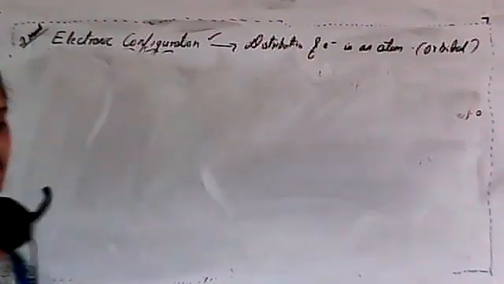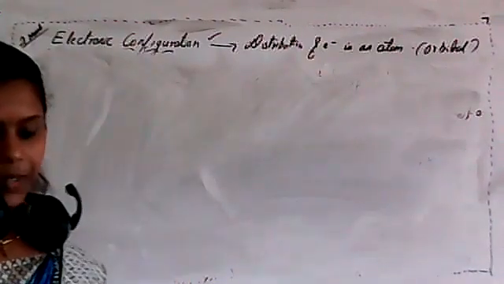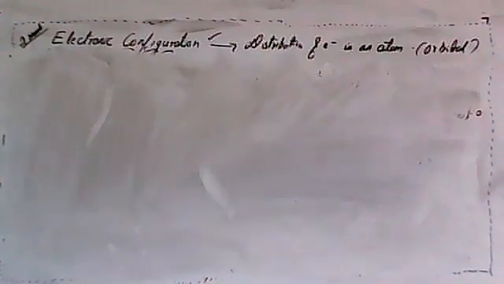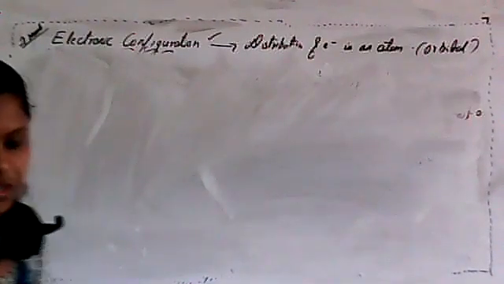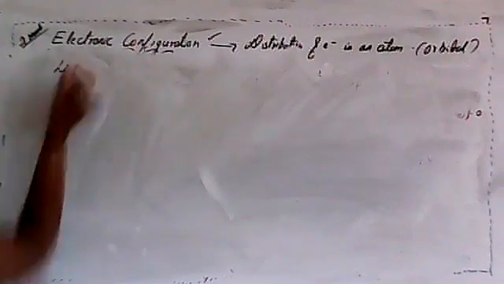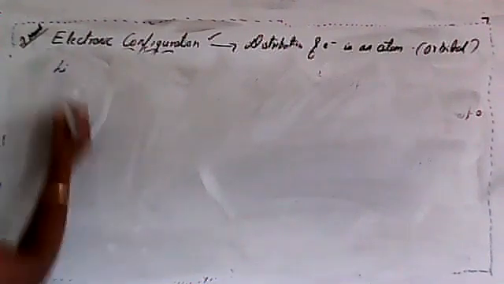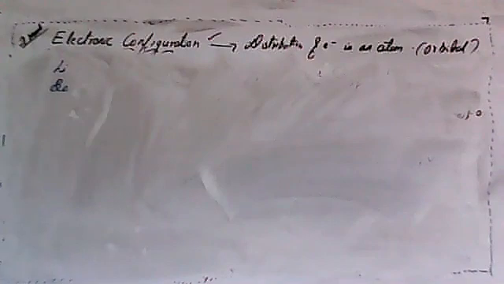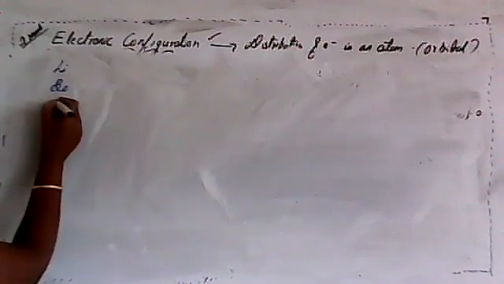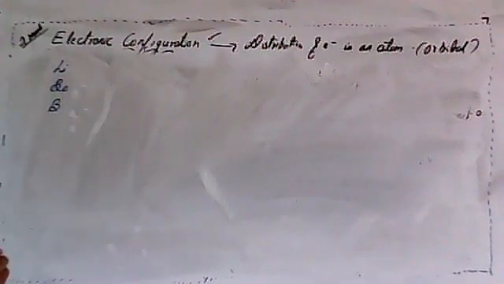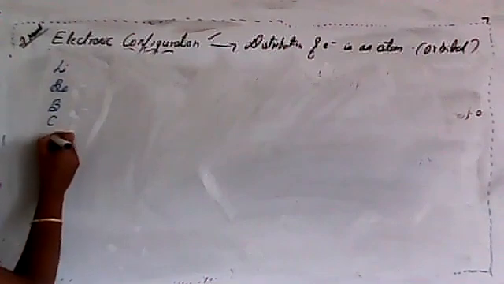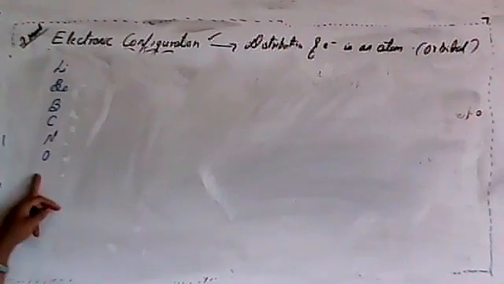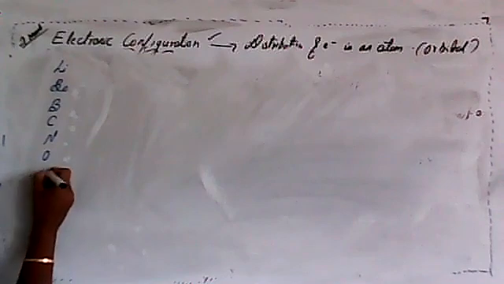Now I'll give some examples. Just write this, orbital diagram, in your notebook. First lithium, next beryllium, boron, carbon, nitrogen, oxygen, after that fluorine.